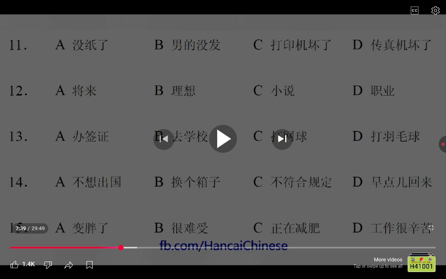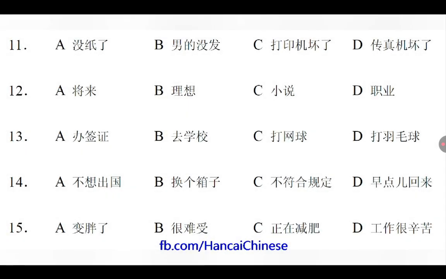Within 5 or 6 seconds, you have to read all of these options. If you start preparing for HSK4 now, maybe it's difficult for you, but by practicing every day you can improve your ability. You have to read all of these options within a few seconds.